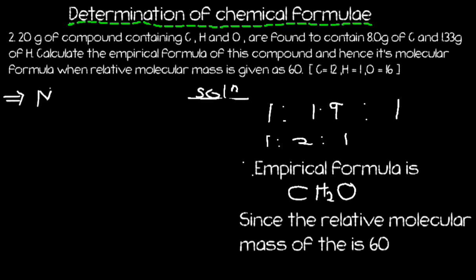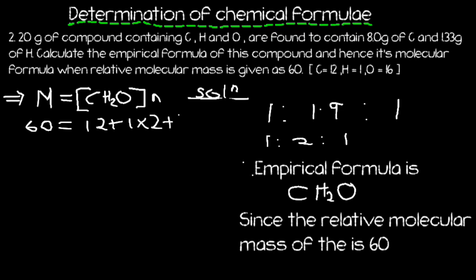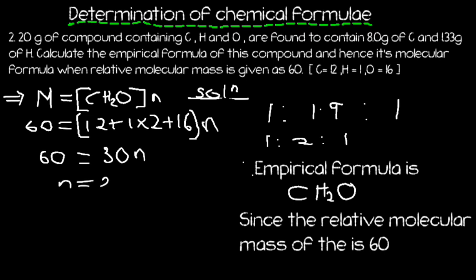From the formula, M is equal to the empirical formula times the integer n. So the molar mass of the compound is 60, which is equal to 12 plus 1 times 2 plus 16, that is 30, times n. So 30n is equal to 60, and n is 2.